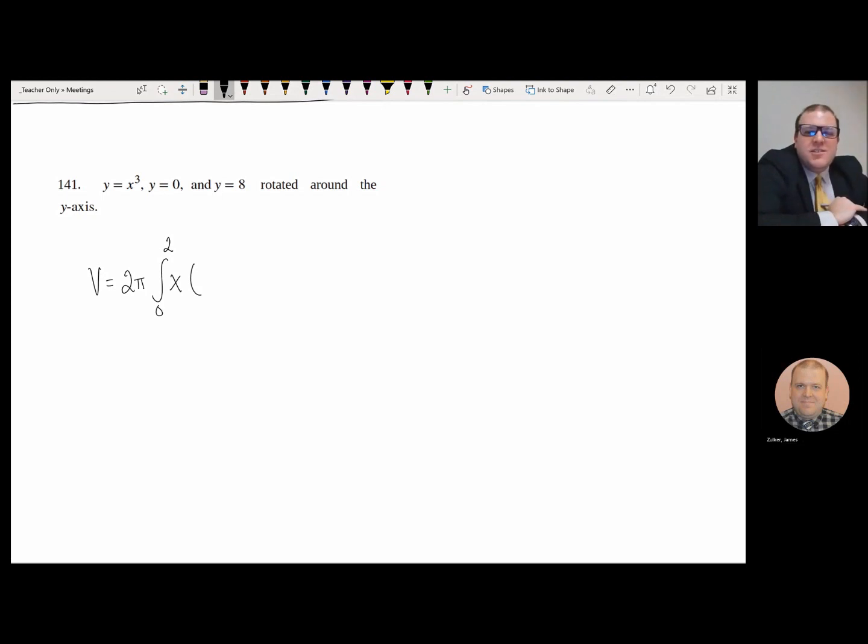What's the larger height? What's the smaller height? There's our setup.